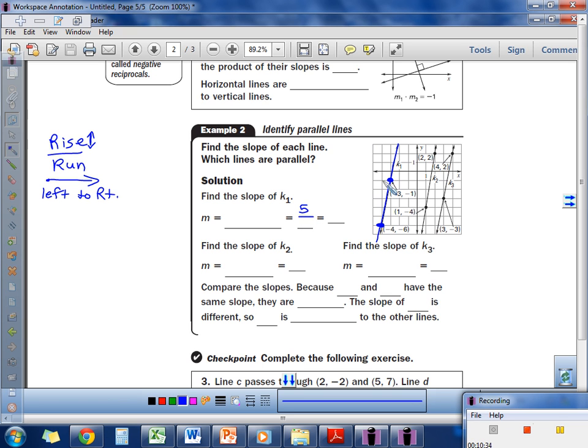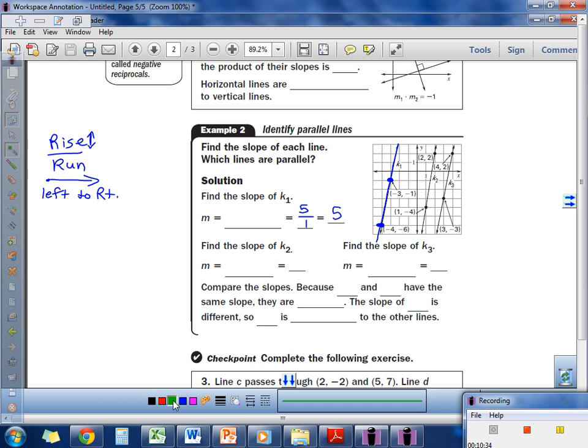And then it runs to the right how many? 1. And that just simplifies to 5. The slope of K1 is 5. I did that by counting. If they give you a graph, you don't have to show me your work. You can count. If they give you 2 points, which you're going to see a lot, you definitely need to show me your work.